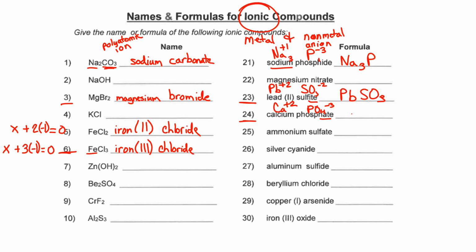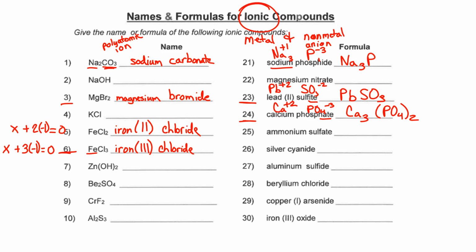So when I do this one, I have Ca3, PO4 2. All right. But because I need 2 phosphates, I have to put that 2 on the outside of a parentheses. All right.